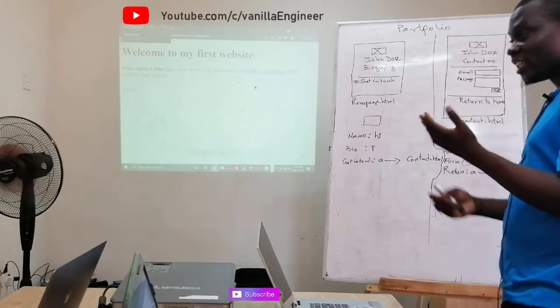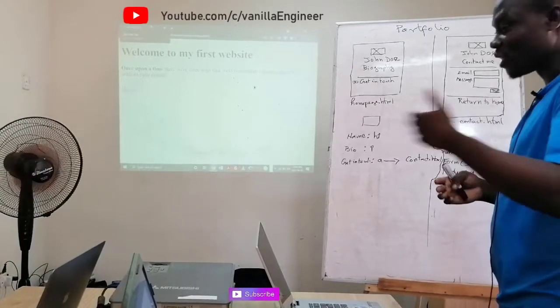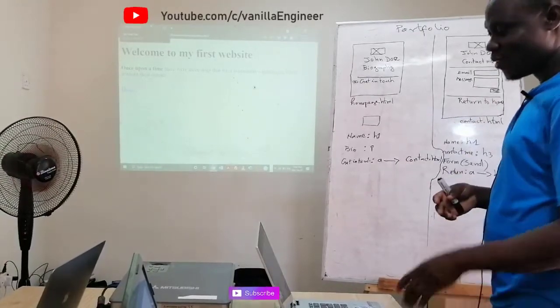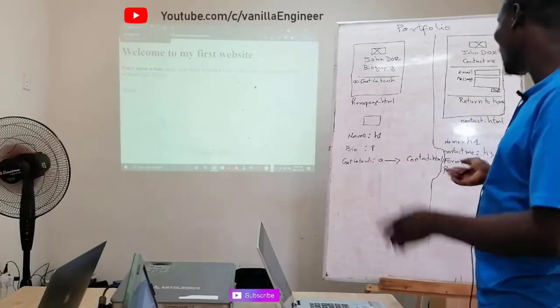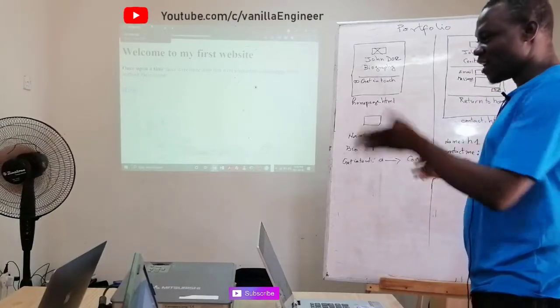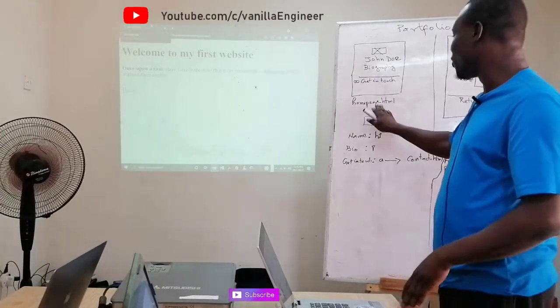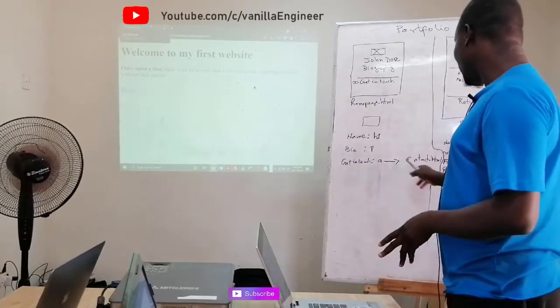So if you are talking in terms of a user, a viewer, we talk of pages. But if you are talking in terms of developers, we talk in terms of files. You get the idea? So we will move from the home page file to the contact file. And for the users, we move from the home page to the contact page using the A link.